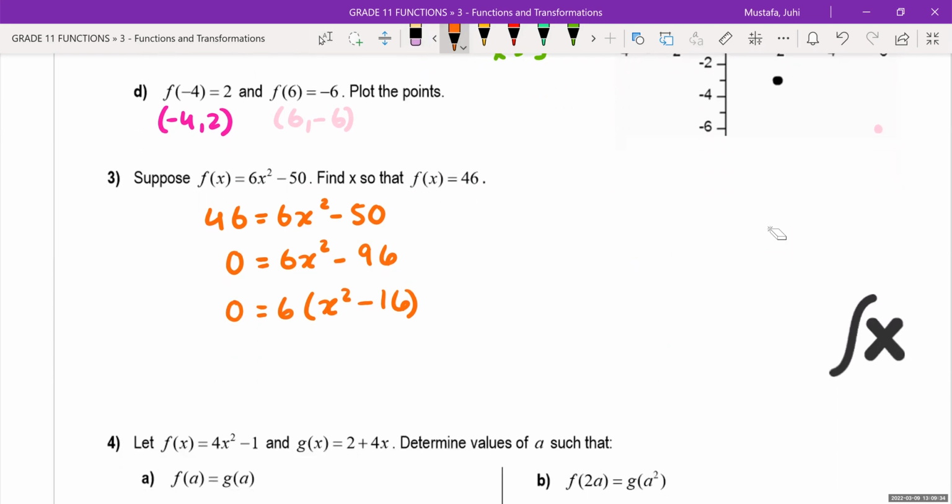This is just a difference of squares, so it's going to be 6, x plus 4, x minus 4. So my two values of x are x is equal to -4 and x is equal to +4.